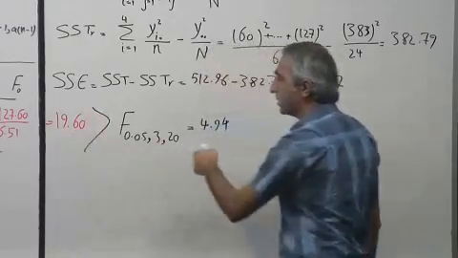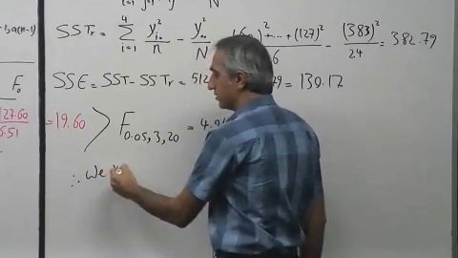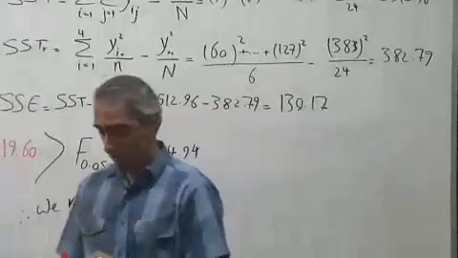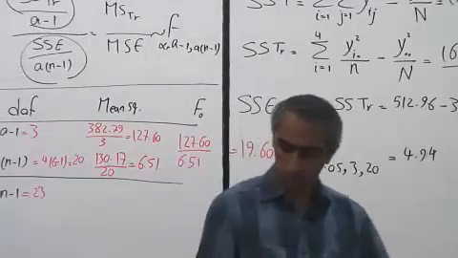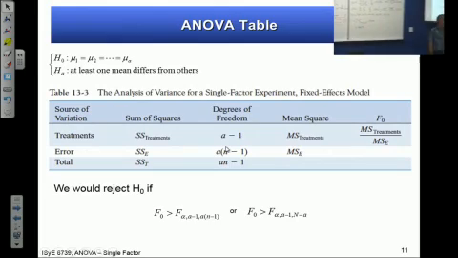So F0 is greater than this critical value. Therefore, reject H naught. Which means there is a difference between the mean tensile strength when we use different hardwood concentrations. Or hardwood concentration is an important factor for improving the tensile strength.